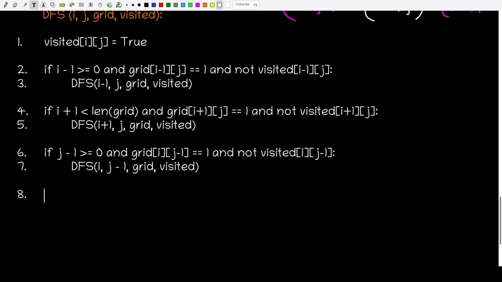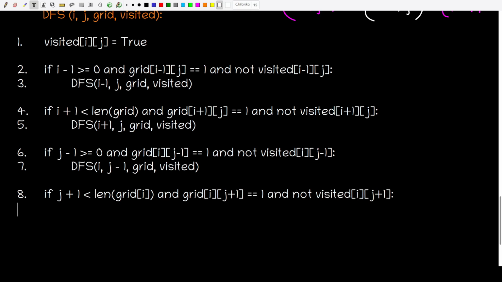Now let us look at the right case. So if j plus 1 is less than len of grid of i and grid of i, j plus 1 equals 1, and it is not visited, then in such case we are going to perform DFS on this node i, j plus 1.